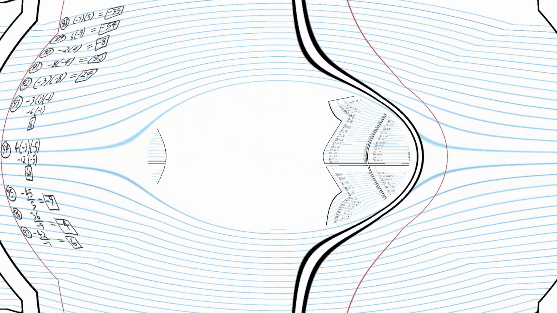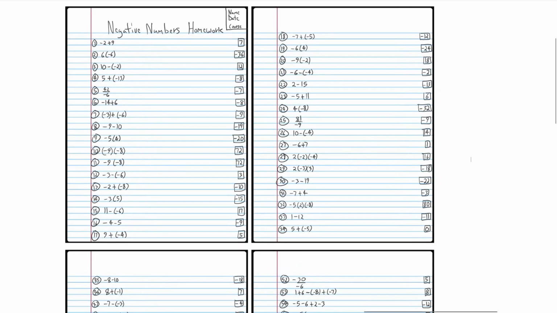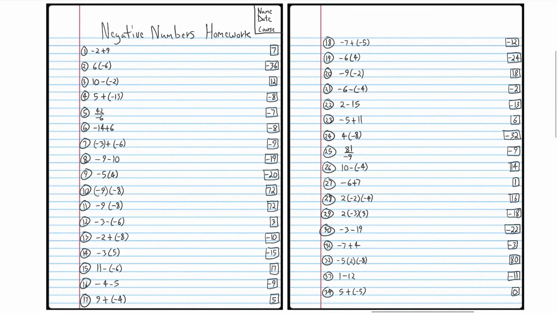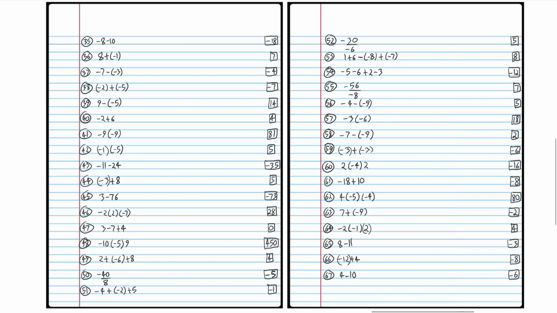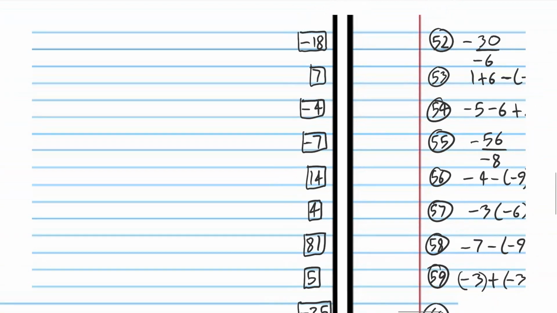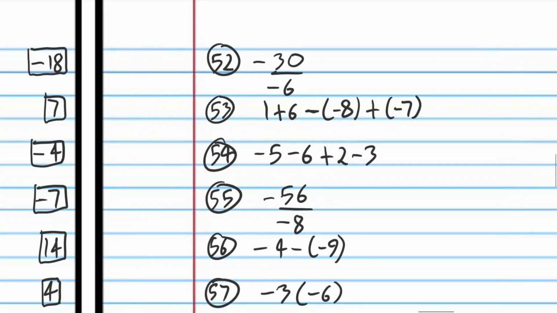Here's your homework. Go ahead and get screenshots of the first 2 pages and the 3rd and 4th pages. As you can see, you have the answers here. Be sure to write equal signs on each problem.